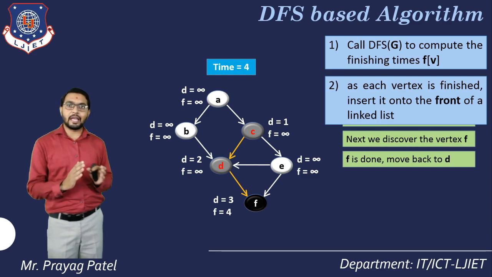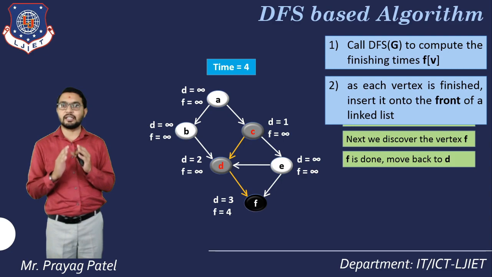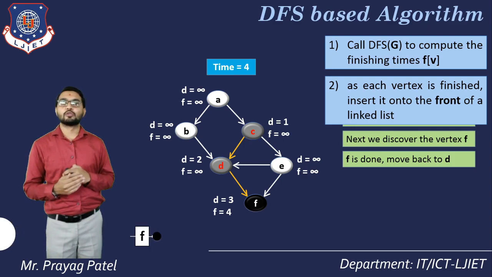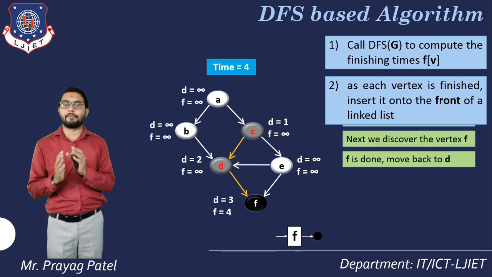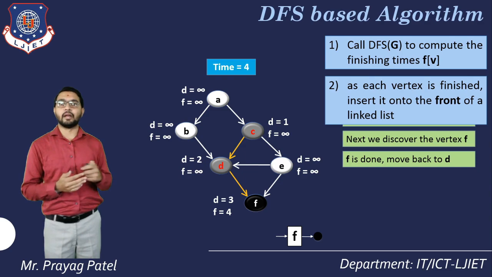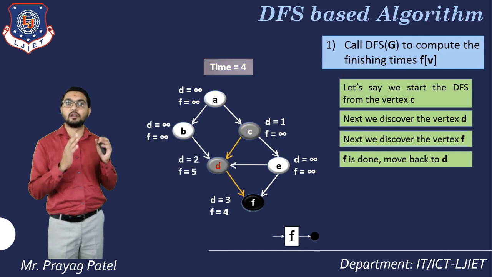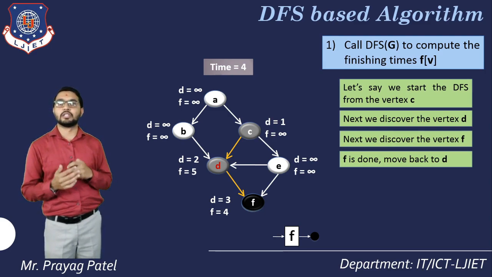So for the F node, we complete the process, then insert F into the linked list. So here consider inserting the first node as node F. Now consider the next as node D, because the parent node of the node F is D. So consider the node D as the current node.